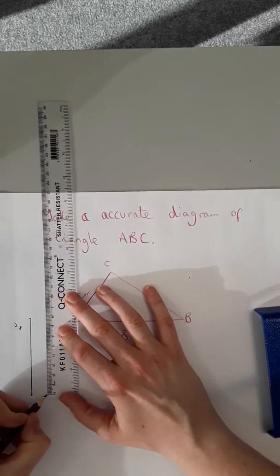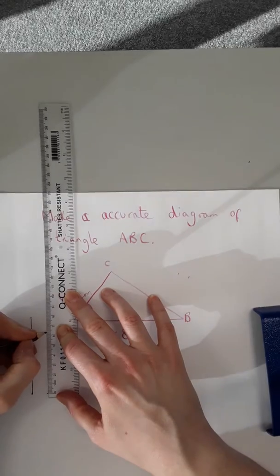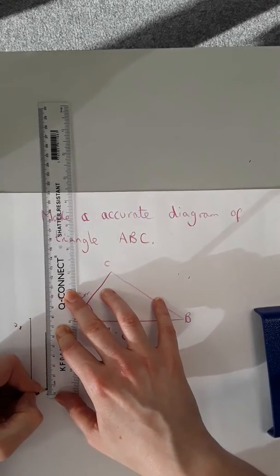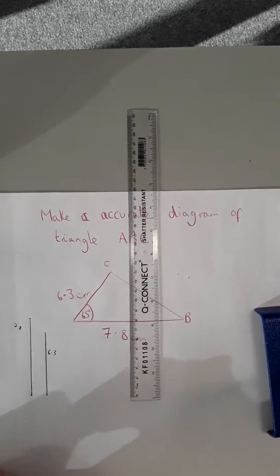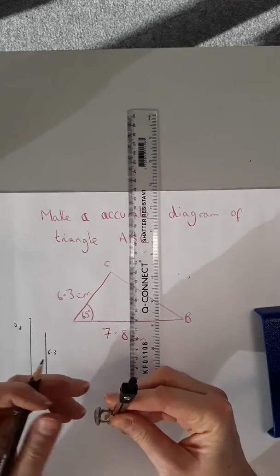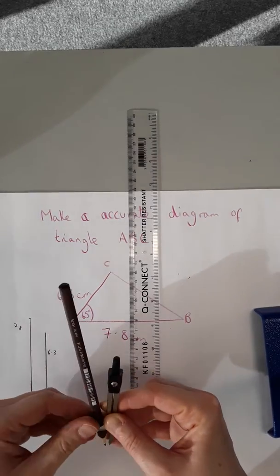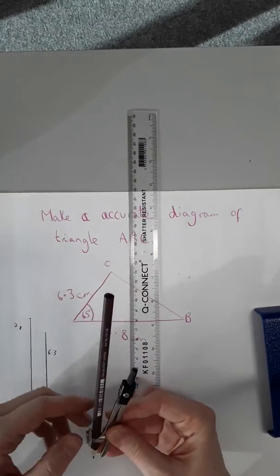And then I'm going to draw a 6.3 line starting with my dot and ending with my dot here, and that's my 6.3. Now that's going to make it much easier in a second when I need to use my compasses, because I don't have to keep resetting my compass. I can, against the ruler, I can just do it from my lines.